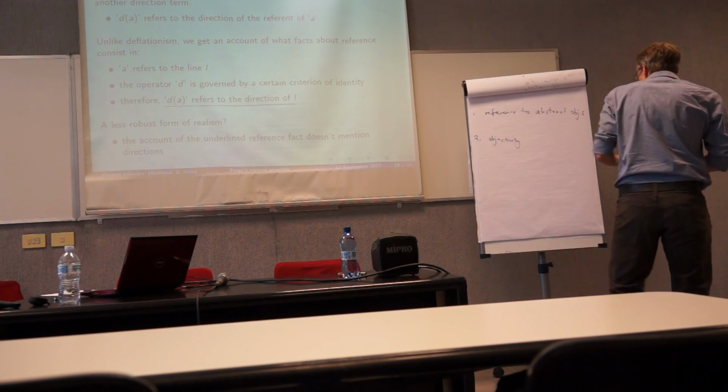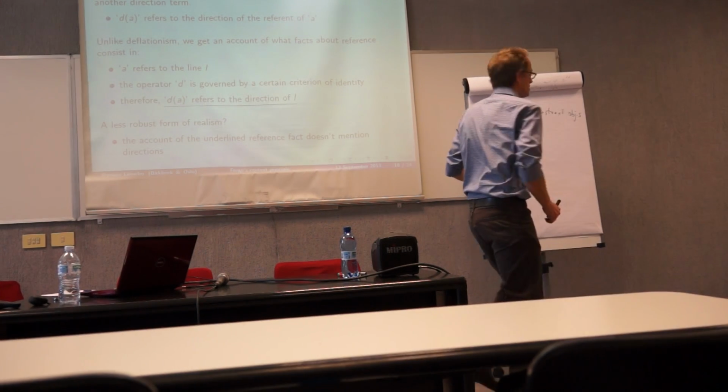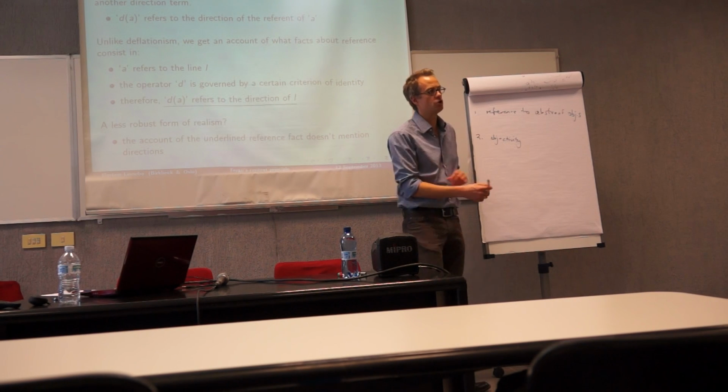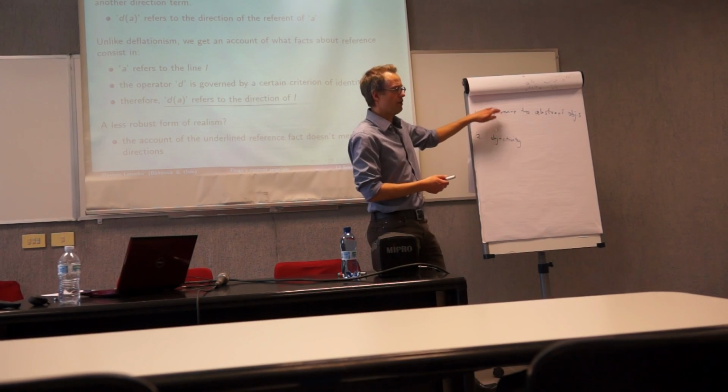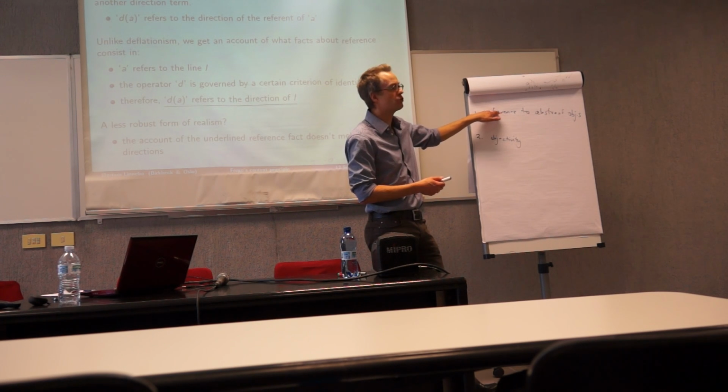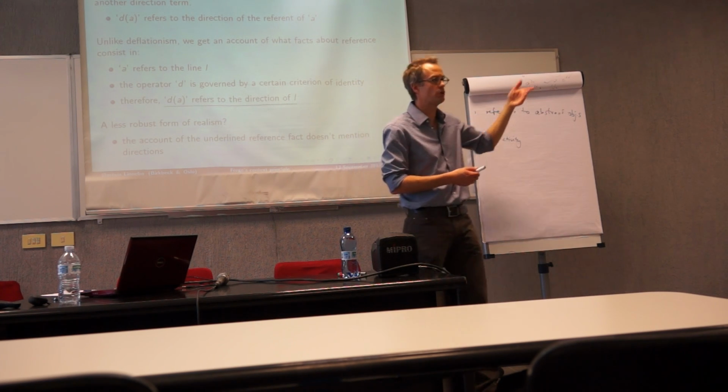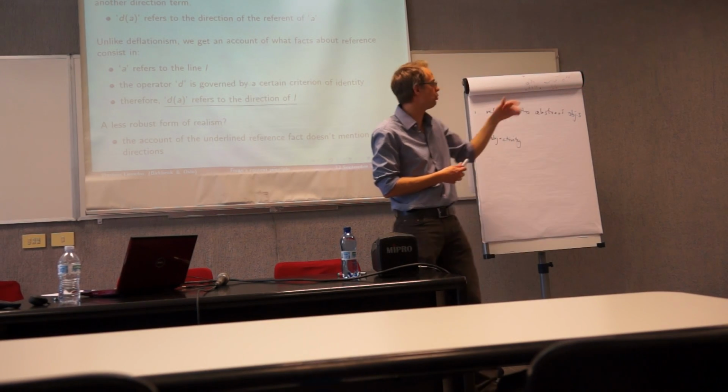Good. So you're definitely right that there were several things going on in the context principle. You picked out two of them. There is a Kantian question of reference to abstract objects, or how they're given to us, or epistemically accessible.